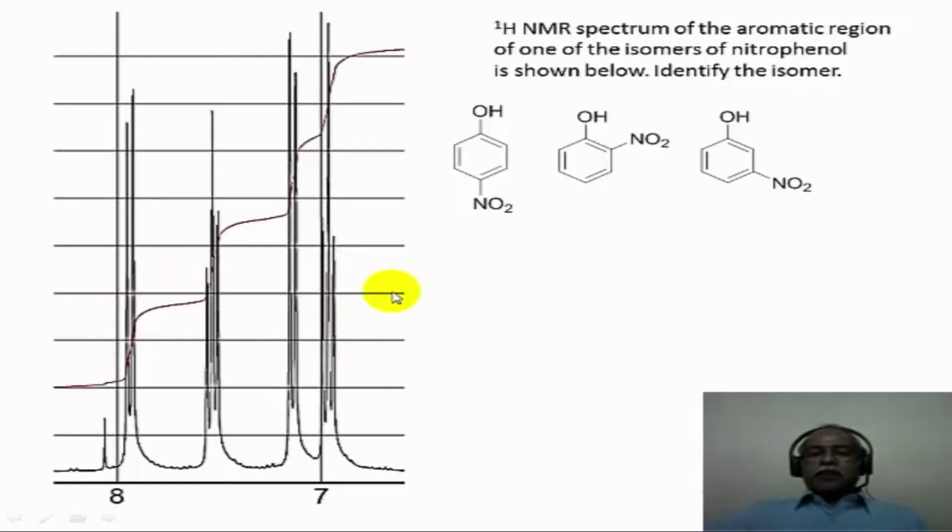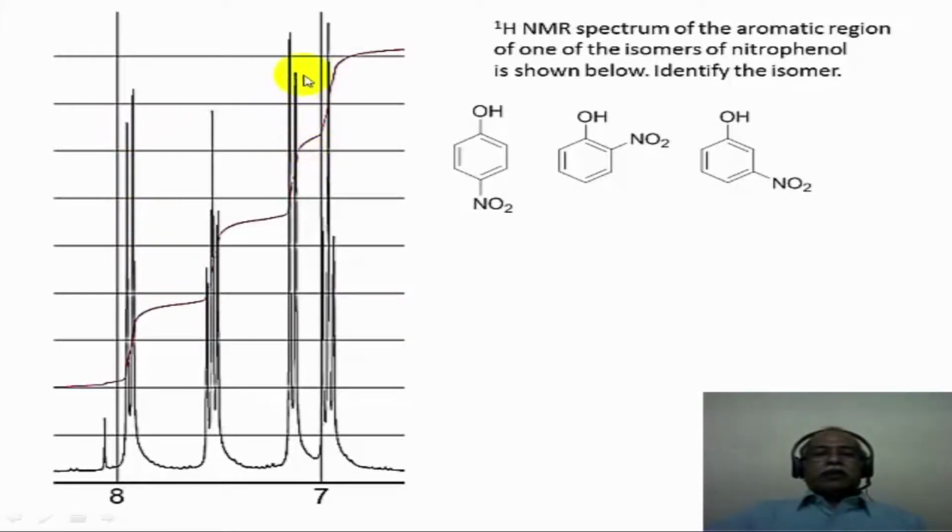However, what one has to do to distinguish between these 2 isomers is to look at the pattern of the spectrum. If you look at the pattern of the spectrum, there is a doublet kind of a multiplet in this region. There is a triplet multiplet in this region. There is another doublet multiplet in this region. Finally, another triplet. In other words, the spectrum consists of 2 doublets with a ortho coupling, which is a large coupling here.